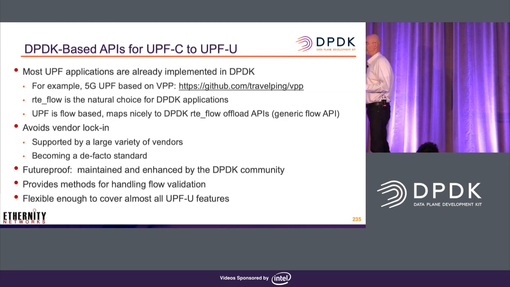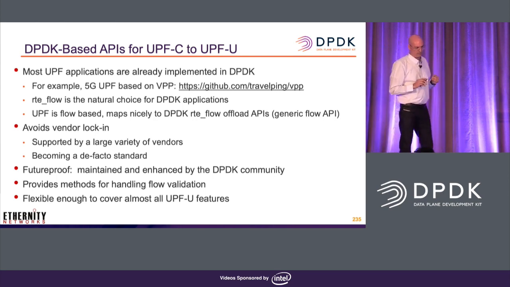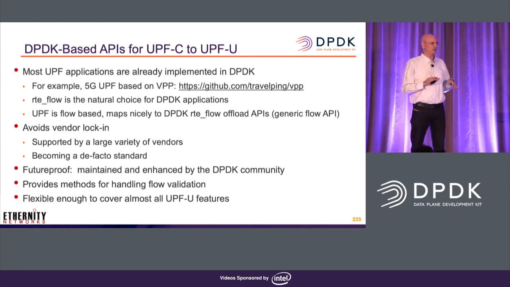If you look at the market right now, UPF is a very network-intensive software. It requires a lot of packet processing, so DPDK is the natural choice. I know there are a few use cases in open source where we're not using DPDK, but I think the majority of the solutions that implement UPF today are using DPDK.